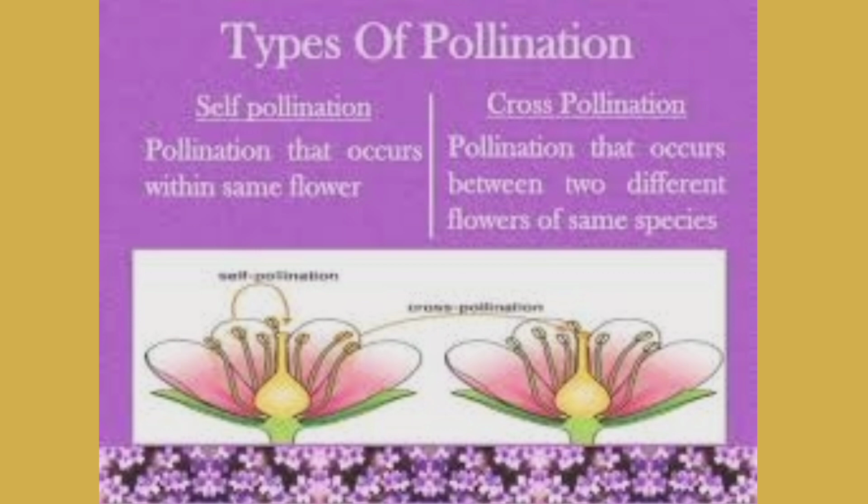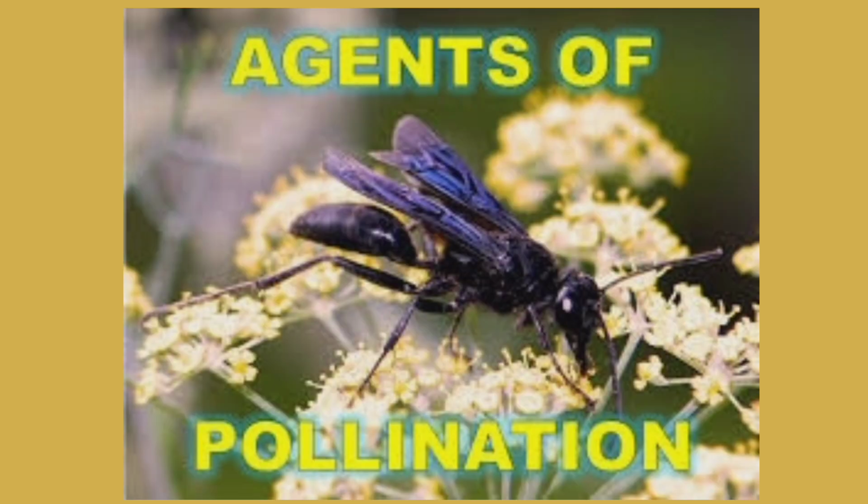Now, what are the agents of cross-pollination? The two commonest agents of cross-pollination are insects and wind. But some flowers are pollinated by certain animals and birds like squirrels and bats, or even water in the case of some aquatic plants. What is meant by aquatic plants?